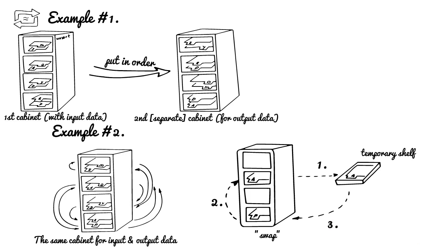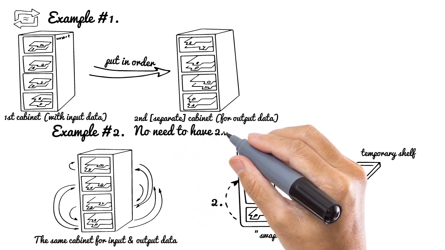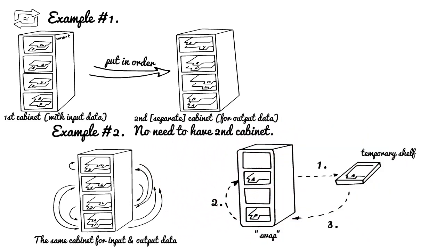Such algorithm may have lots of replacements, but all of them will be within the same cabinet, with potential storing single items, documents, temporarily outside. No need to have second cabinet of the same size for such algorithm. Therefore, among 2 algorithms, only second one requires just the only one cabinet for the input and output data, and such algorithm is considered as in-place algorithm.